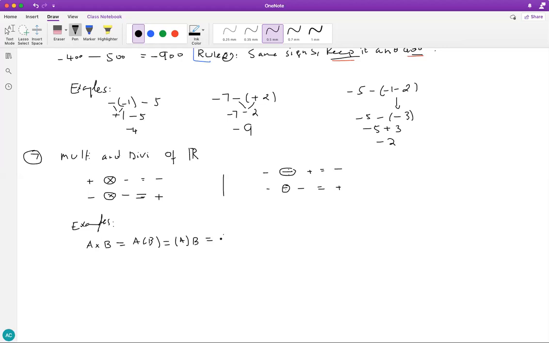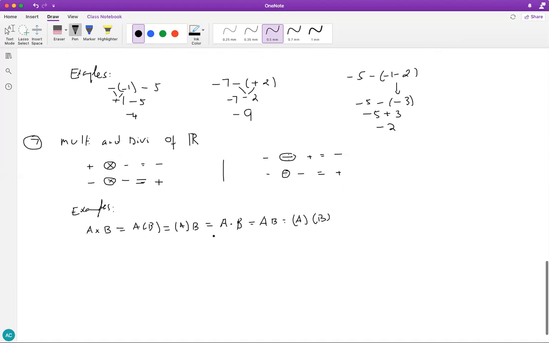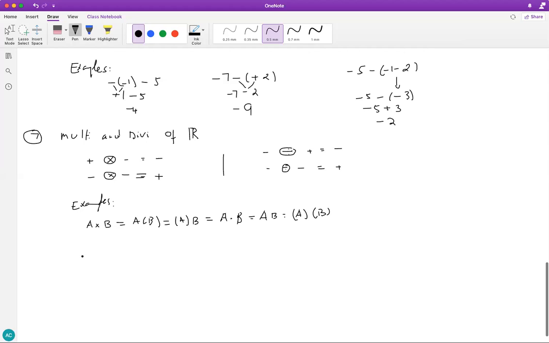Could also be A period B. Sometimes you use a period like this for a dot for multiplication, or it could be just AB. All these basically mean multiplication. AB with nothing in between means A times B, or you could put both in parentheses. All these are symbols or expressions for multiplication.